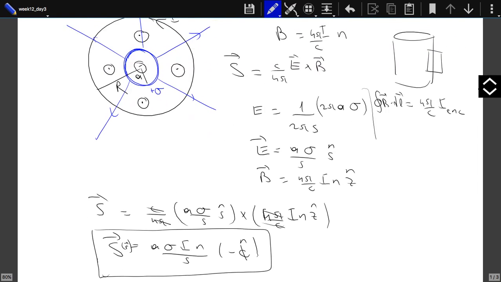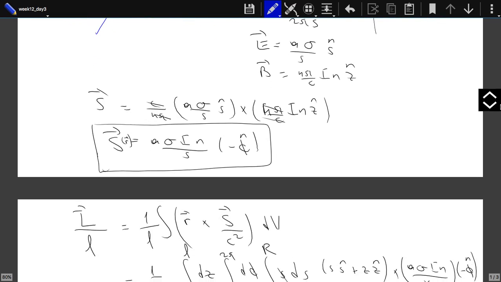So let's look at the first derivation. Here we have C over 4 pi. We calculated the electric field. And we know the magnetic field. So 4 pi over C cancel.